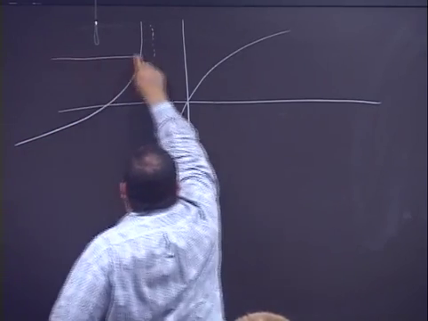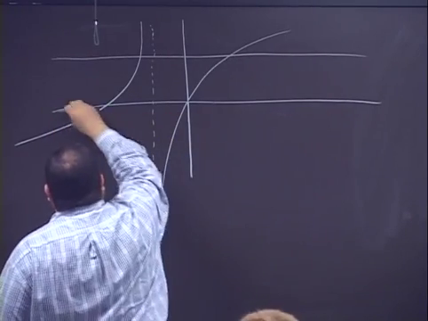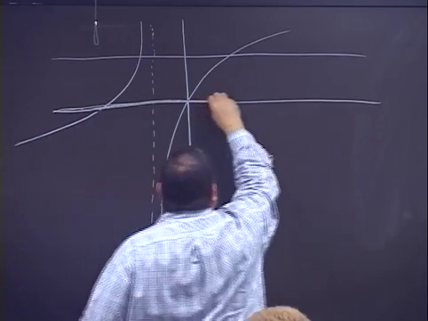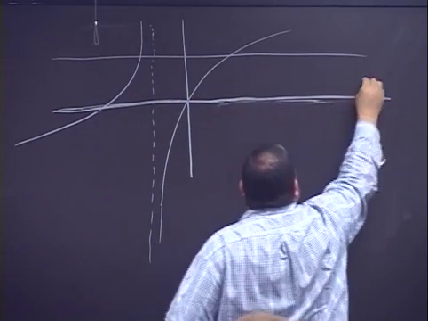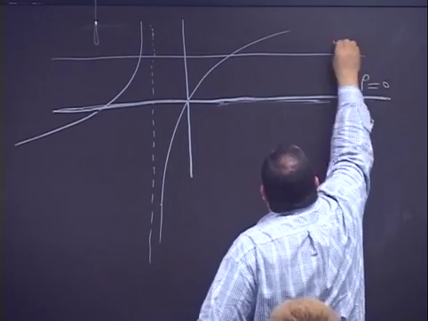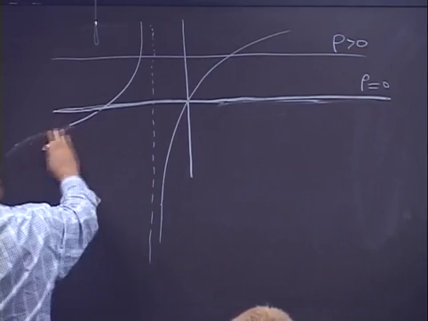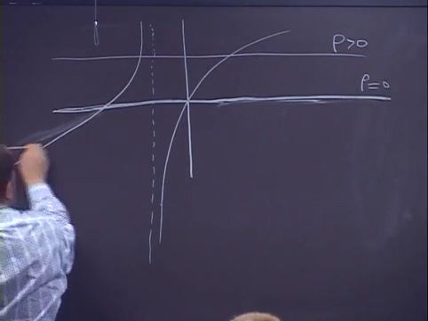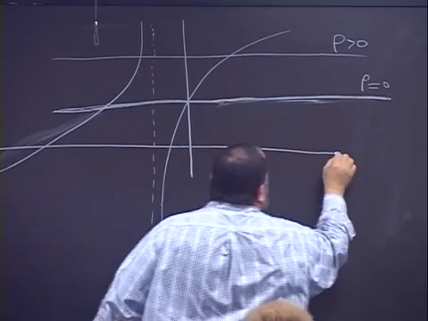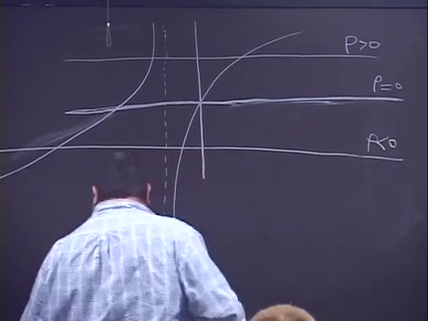So if you have rho greater than 0, rho equal to 0, this is the rho equals 0 situation, this is the rho greater than 0, and this is the rho less than 0 situation.